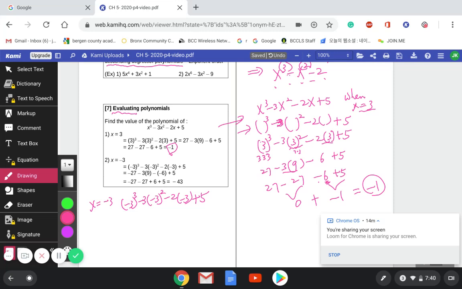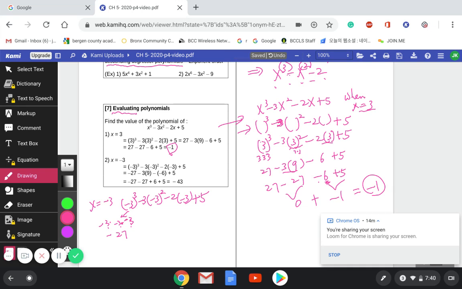So first term, negative 3 times negative 3 times negative 3. You have three negatives, so it's negative. And 3 times 3 times 3 is 27. So the first one becomes negative 27.